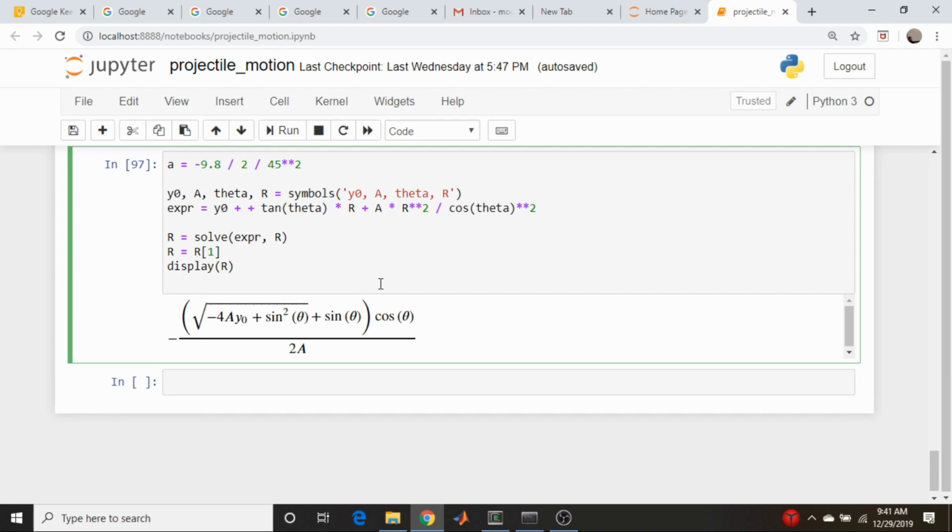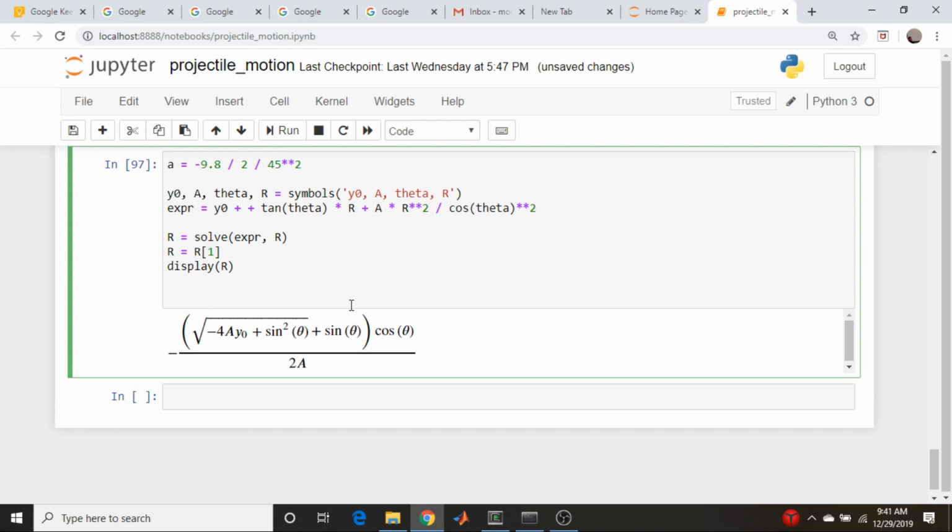So what I want to do now is start to plug in the numbers for these things here. So I'm going to do r.subs, and it's going to take a list as an argument, and it's going to be a list of tuples. So the first one is going to be y0, and that is equal to 1.